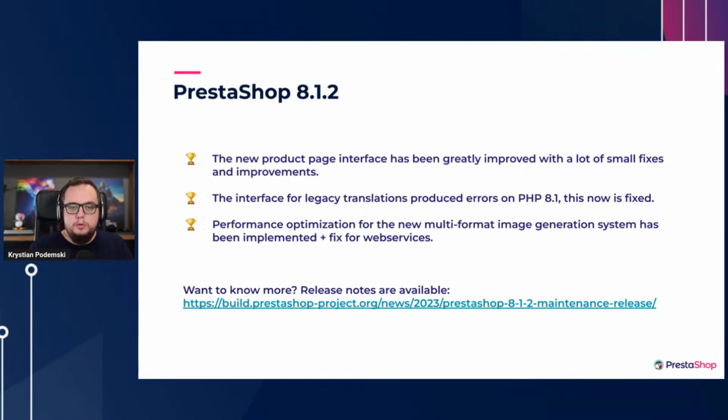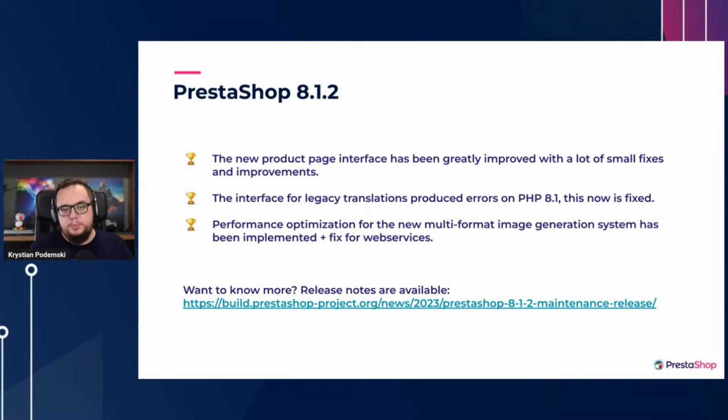We've improved the labels, we've improved the contrast in a few places. So if you played with the new product page in 8.1.1 or 8.1.0, it's worth checking the upgraded version of the page in 8.1.2.